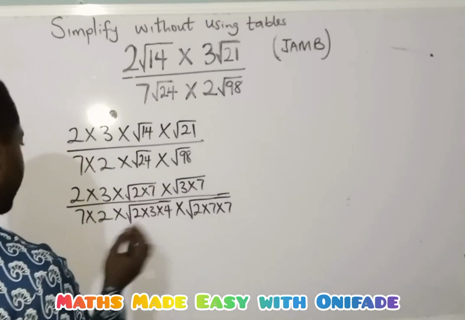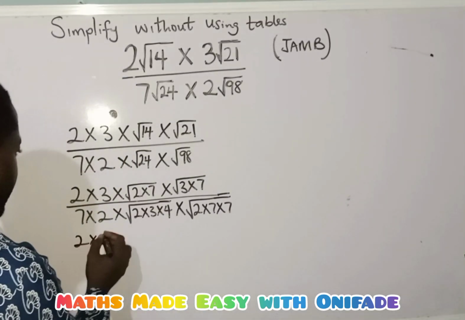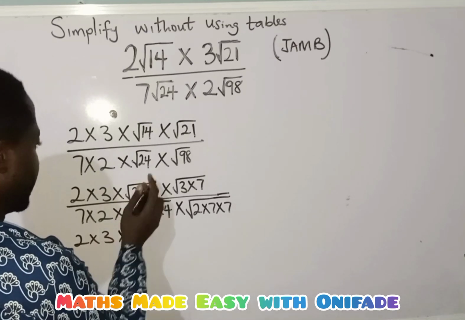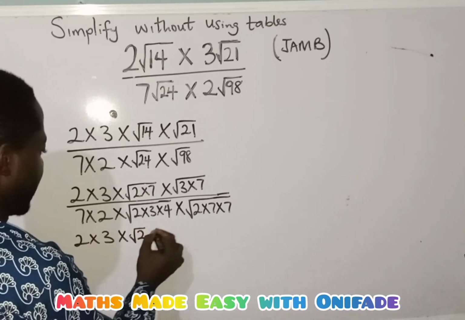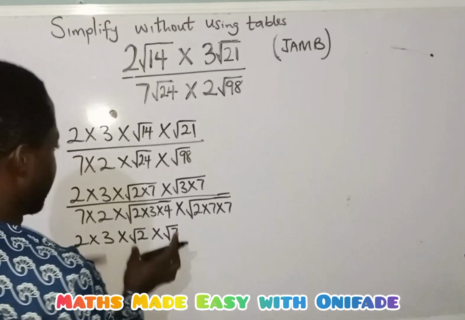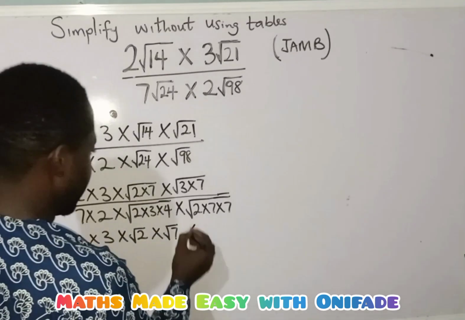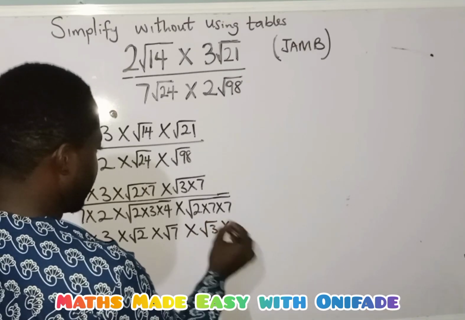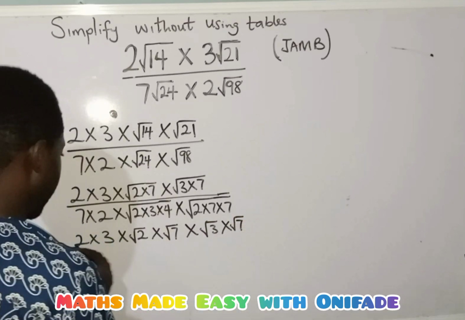Alright, the next thing is to break this down. If I break it down, I'm going to have root 2 multiplied by root 7. It's the same thing as root 2 times 7. Then multiplied by root 3 multiplied by root 7.